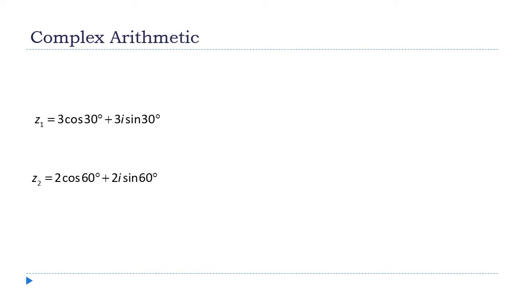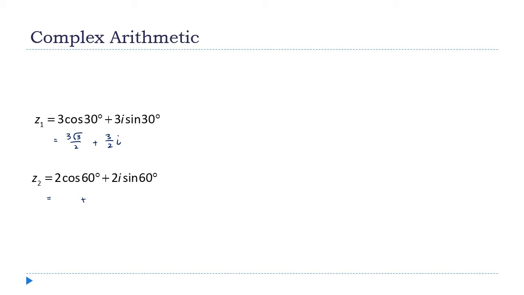You can figure out what these are if you want to see the original numbers. Cosine 30 is the square root of 3 over 2. So this is 3 square root of 3 over 2 plus 3 halves i. And doing 60, this is, whoops, sorry, this is 2, cosine 60 is a half.